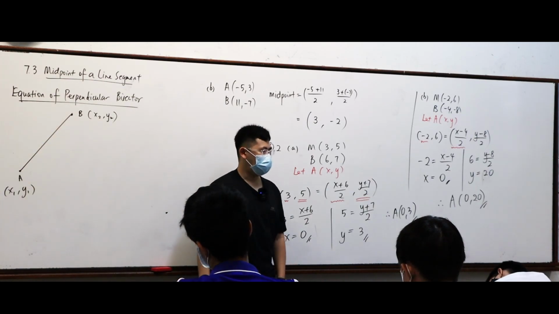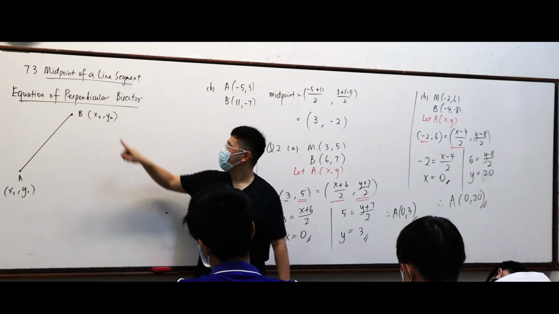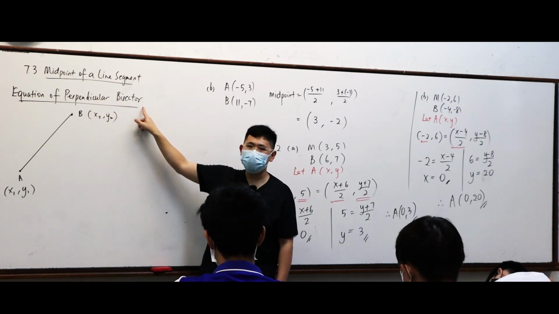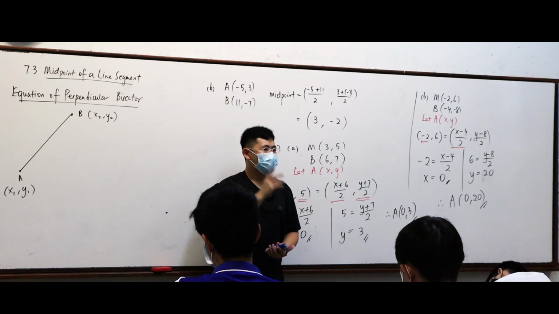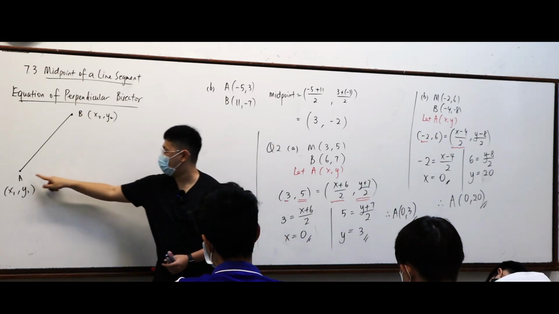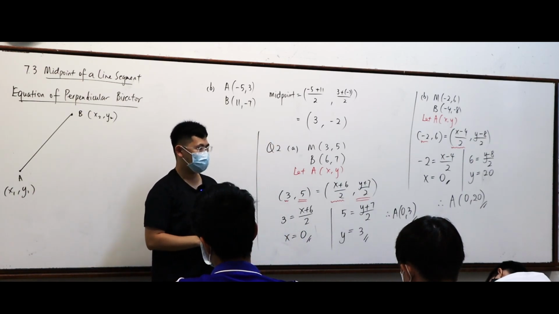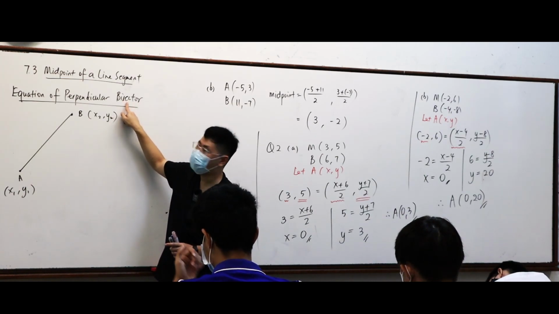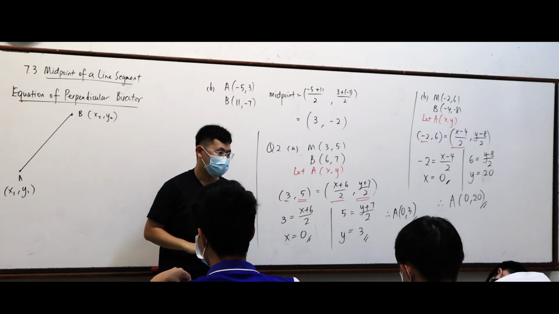So what is a perpendicular bisector? Perpendicular means 90 degrees. Bisector means cut into half. So we are looking for a line that will cut AB into half, at 90 degrees.